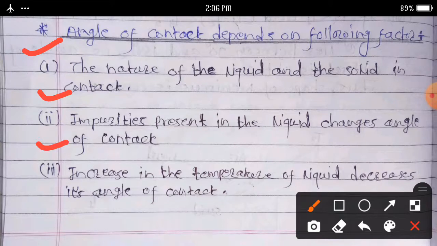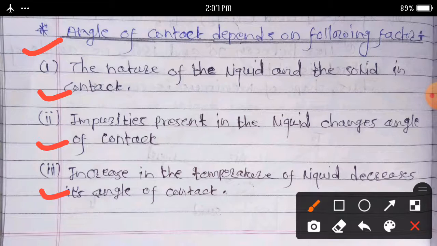Second, impurity present in the liquid changes the angle of contact. When we add impurity to a liquid, the angle of contact of that liquid changes. And third, an increase in temperature of the liquid decreases its angle of contact.